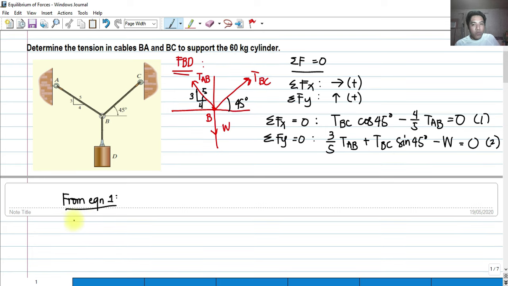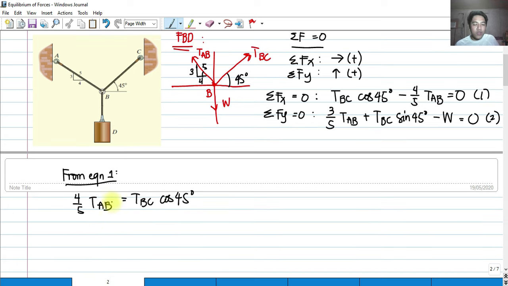From our equation 1, we have 4/5 of TAB equals TBC cosine 45 degrees. And then if we isolate T sub AB here, we get 5/4 TBC cosine 45 degrees.